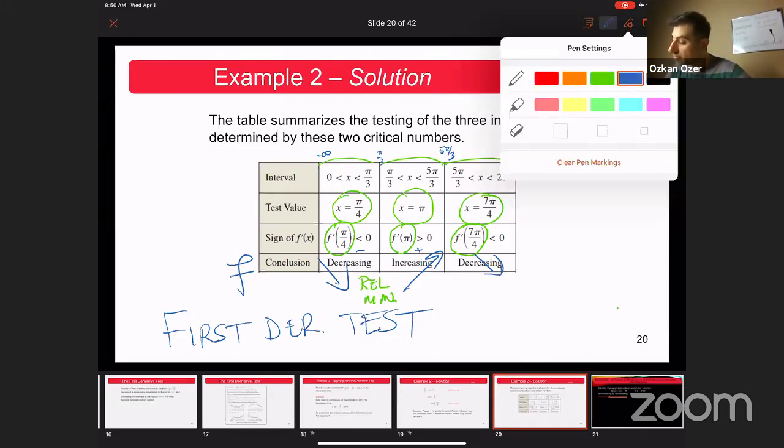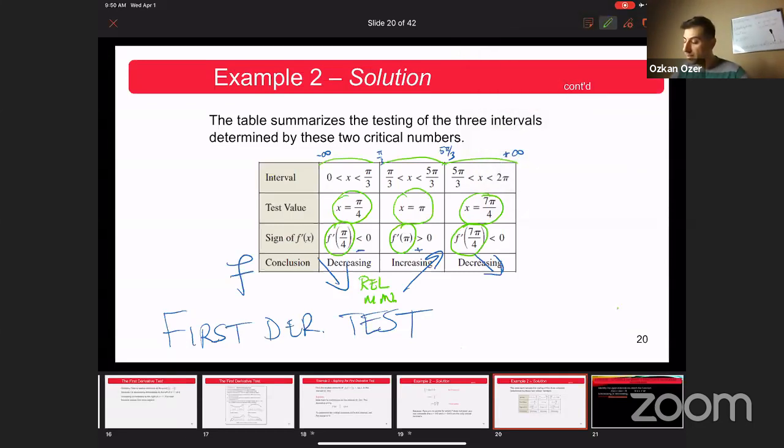And likewise, you have increasing and increasing, and then it starts decreasing across 5 pi over 3. So you should hit a relative maximum value at the critical point 5 pi over 3.